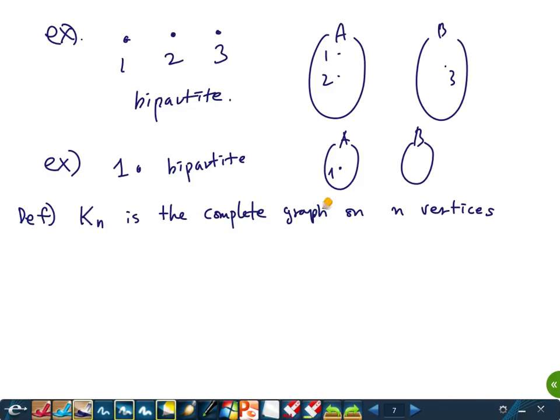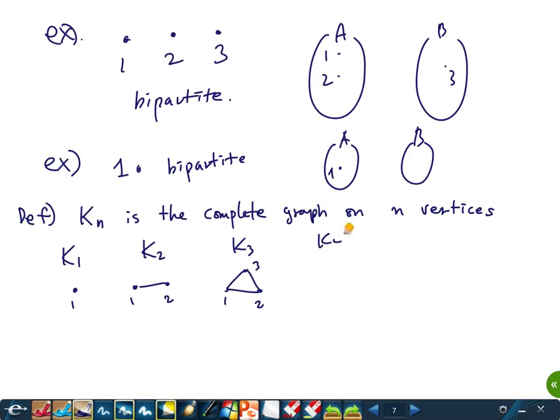Complete means any two vertices are connected by an edge. So K1 is just a single dot. K2, we have two vertices, 1, 2, and they're connected. What is K3? We have 1, 2, 3. They are connected to each other.